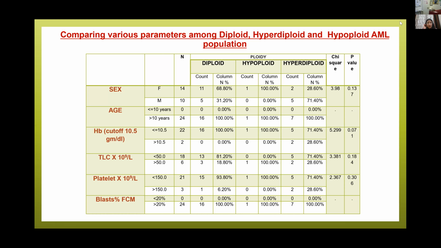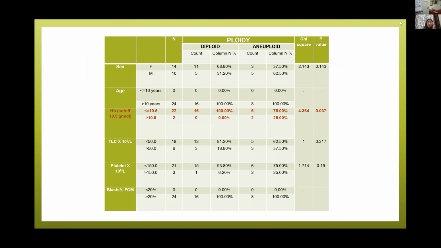Then again, I compared various parameters among diploid, hyperdiploid, and hypoploid population. And I found out that the distribution of hemoglobin among diploid and aneuploid population was significant.